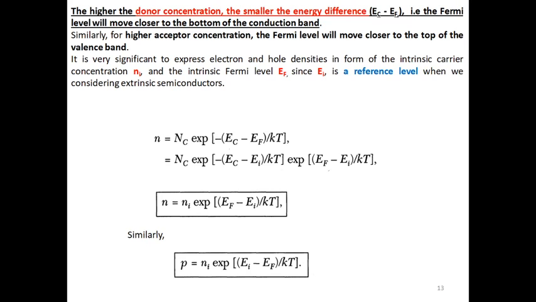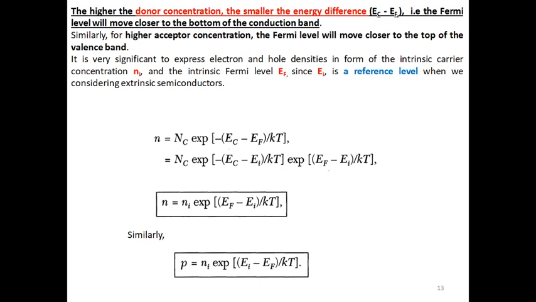Similarly, in the p-type, with higher acceptor concentration, the Fermi level will move close to the top of the valence band. From that, it is very important to express electron and hole concentrations, or electron-hole density, in the form of intrinsic carrier concentration, that is Ni.